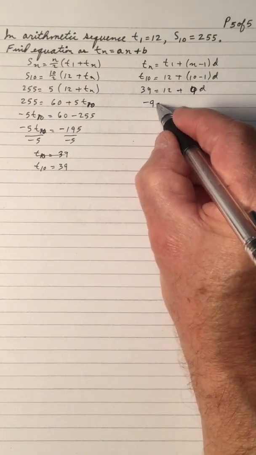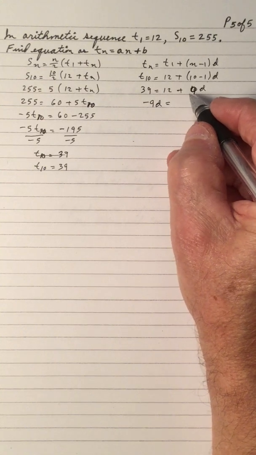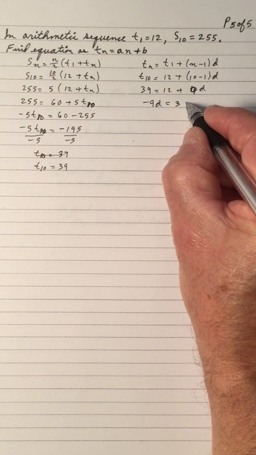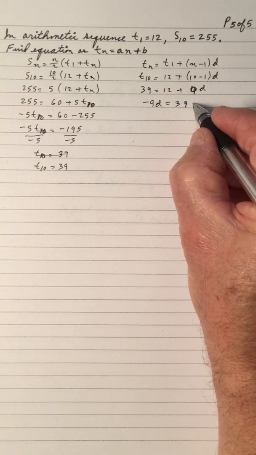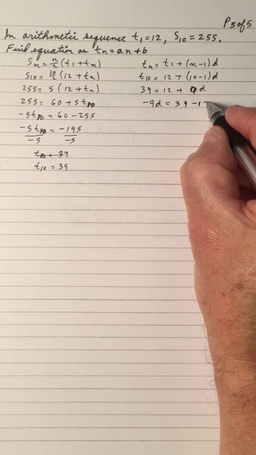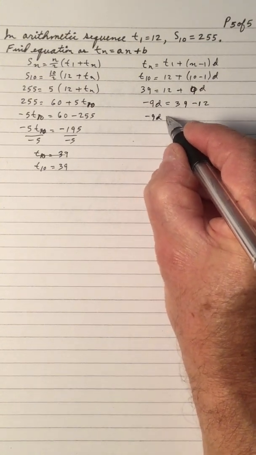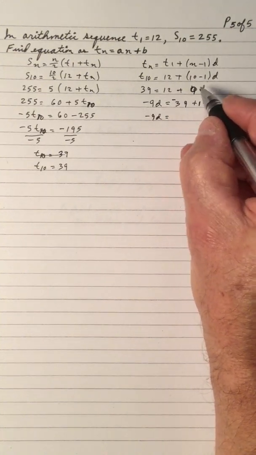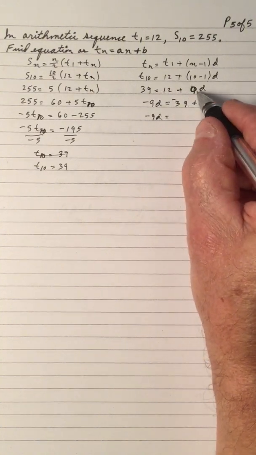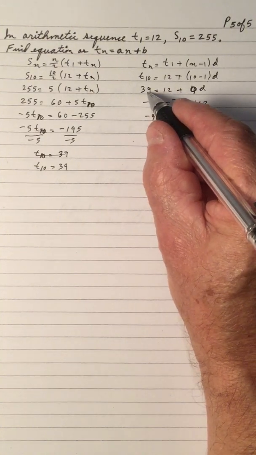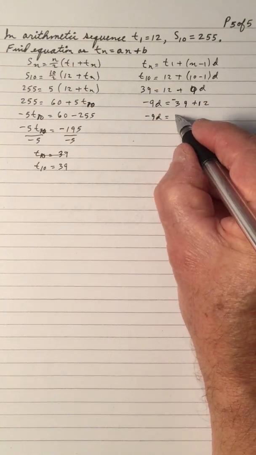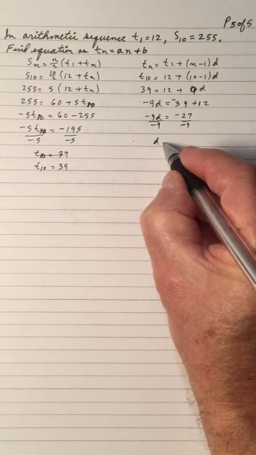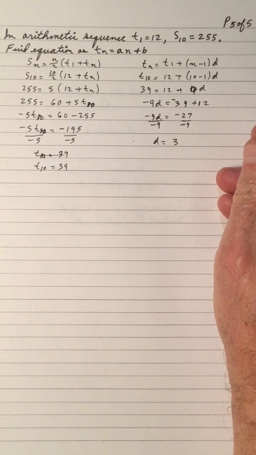So negative 9d equals 39 minus 12. Gotta be careful. I'm moving the 9d over here to become negative, moving the 39 over here to become a minus. So that's a negative 27. Divide by negative 9. So just be careful. You get a 3. The difference is 3.